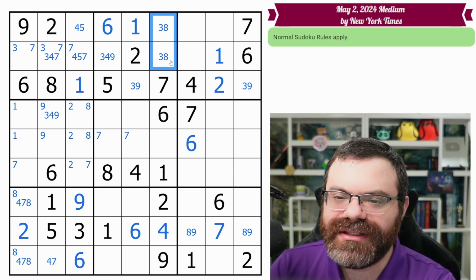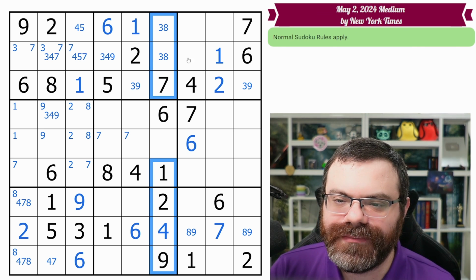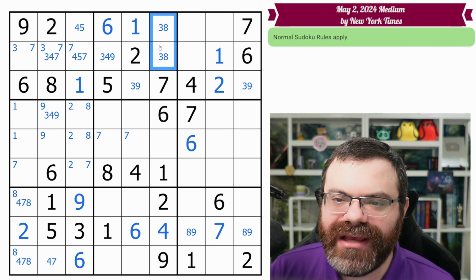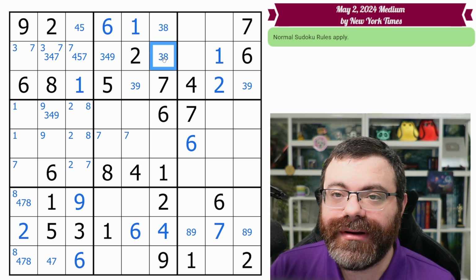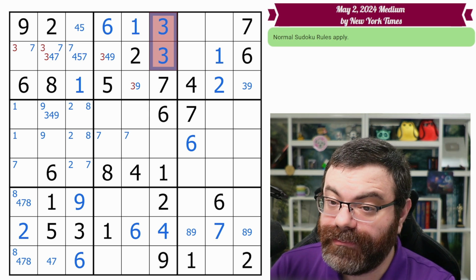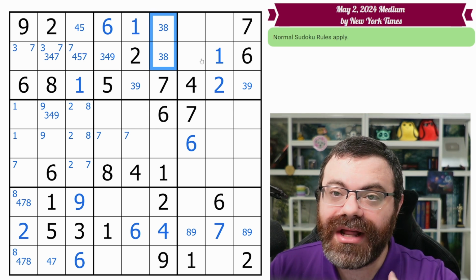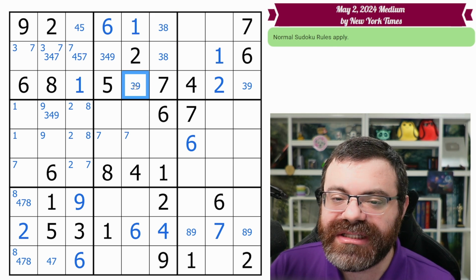The other way to think about this is we just made a naked 3-8 pair in this box and also in this column. So that naked 3-8 pair, what does that mean? It means, well, this cell is going to be 3 or 8, and this cell is going to be 3 or 8 in the final puzzle. And they can't both be 3 and they can't both be 8. Right? So if they're not both 3 and they're not both 8, one will be 3, one will be 8. Well, if that's true, then how could this be 3?